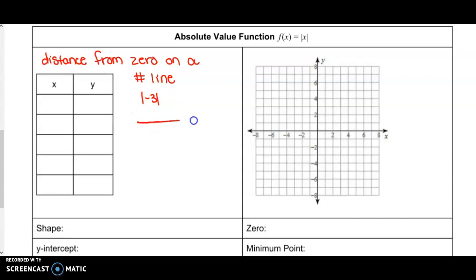I want to know how far it is from 0 on a number line. So negative 3 would be 3 away.